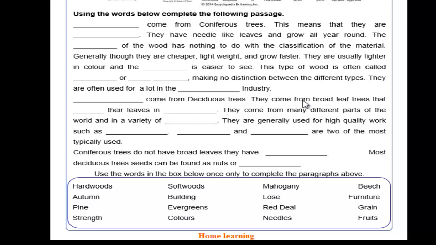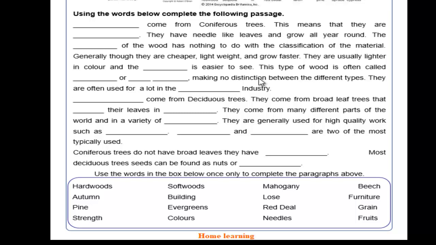So something, which is where the space is, come from coniferous trees. This means that they are something. They have needle-like leaves and grow all year round. The something of the wood has nothing to do with the classification of the material.